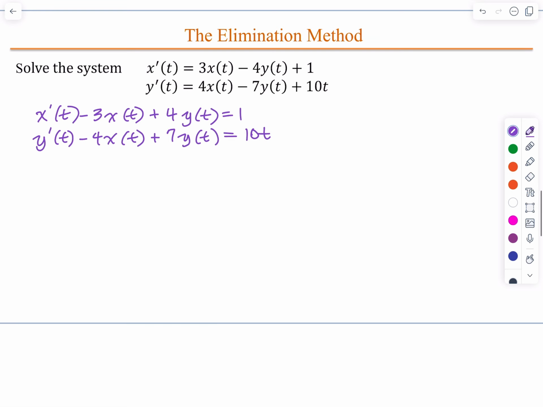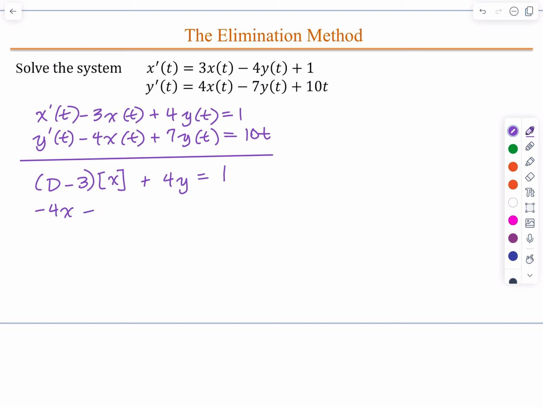Now we will use operator notation, and we will have that D minus 3 of x, and that's right here, D minus 3 of x, plus 4y is equal to 1. And let's write our second equation in operator form. So we will have minus 4x plus, and we're going to put these two functions together, D plus 7 of y is equal to 10t.